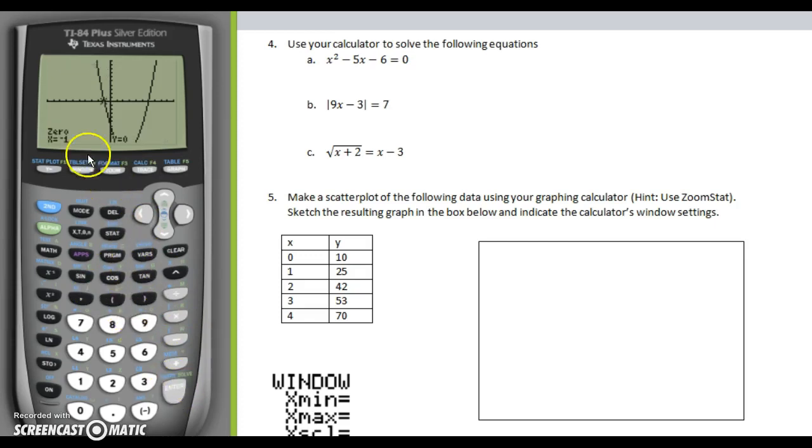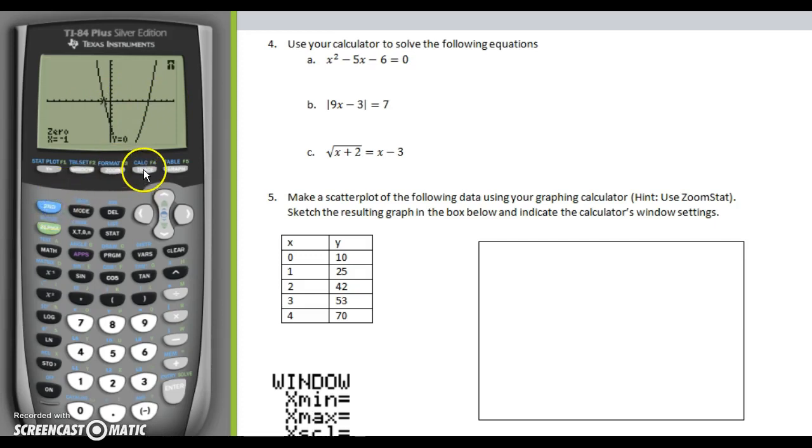And notice it says the 0 is x equals -1. Now the y should always say 0, but the solution is -1. So you would write as one of your solutions to this equation, x is equal to -1. You repeat the process to find the other solution. This equation obviously has two solutions because it crosses twice.